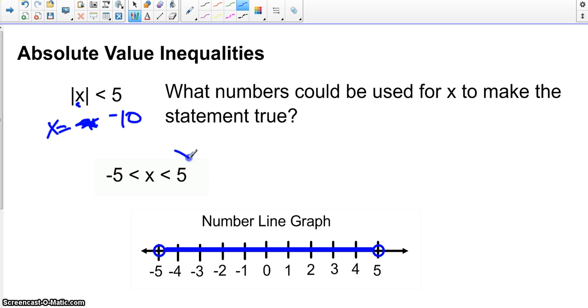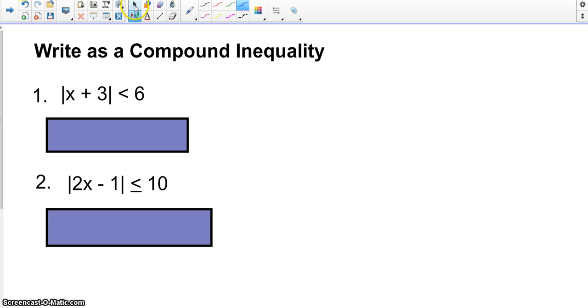Now, this is what we looked at earlier in a video called a compound inequality, right? So what you have to do is take this absolute value equation or inequality and write it this way, okay? So here's some examples. We're going to write this as a compound inequality, okay?